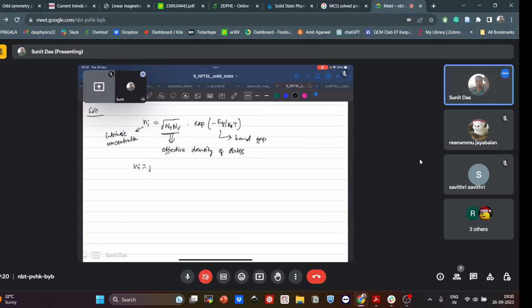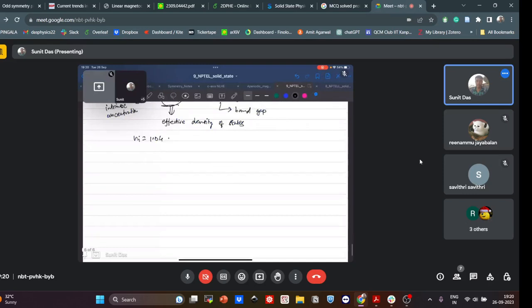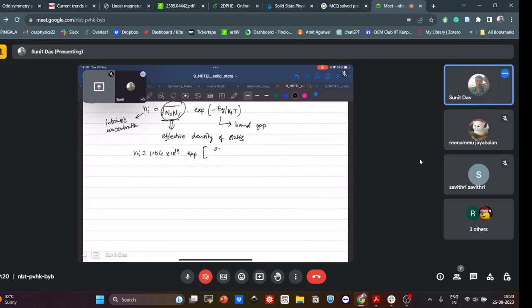So Ni will be 1.04, this total term is given as effective density of states, into 10 to the power 19, exponential of minus band gap, which is 0.66 eV, over 2 kBT.